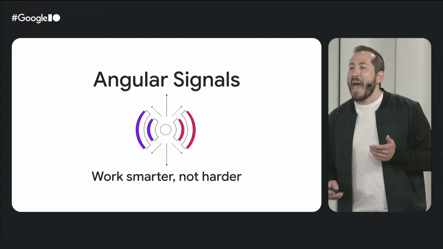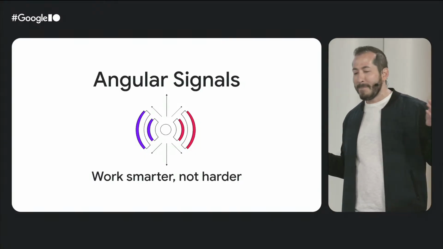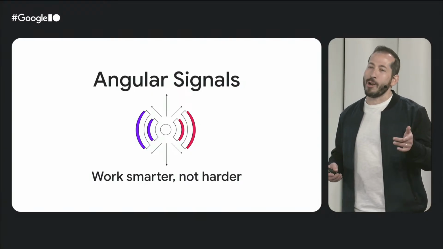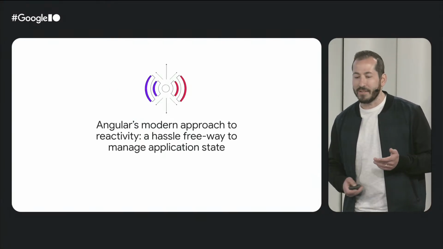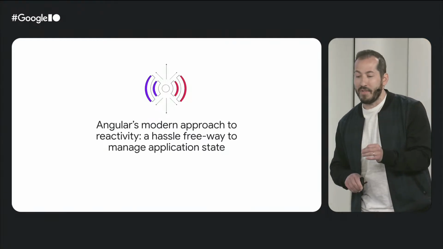When it comes to state management in Angular, we've got a new mantra over here on the Angular team. Work smarter, not harder, thanks to Angular signals. Last year, we released signals in developer preview.